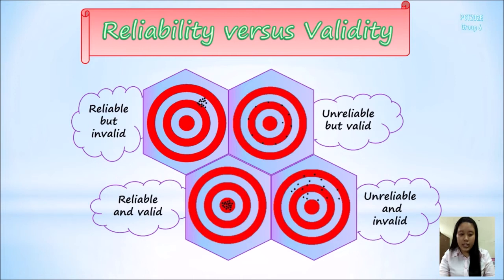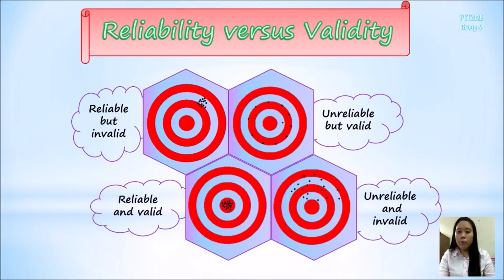While for validity, if the test has a high validity, that means it produces results that correspond to real properties, characteristics, and variation in the physical or social world. So we can conclude that reliability is about the consistency of the measurement, and validity is about the accuracy of the measurement.